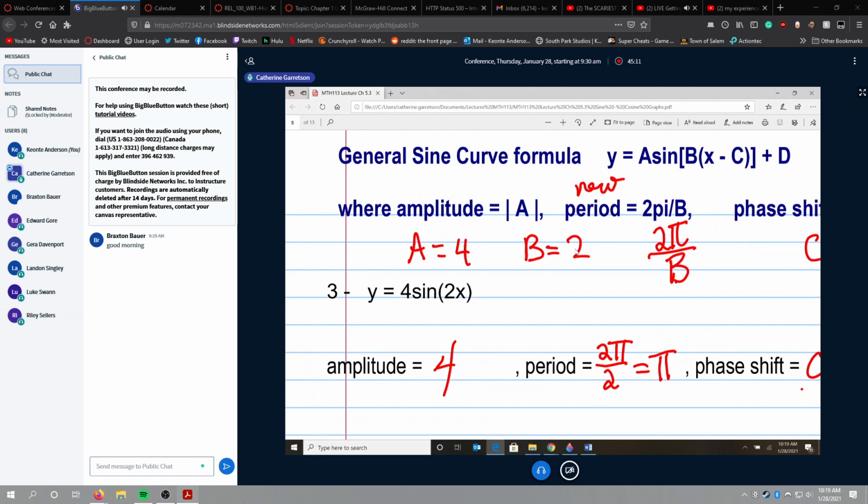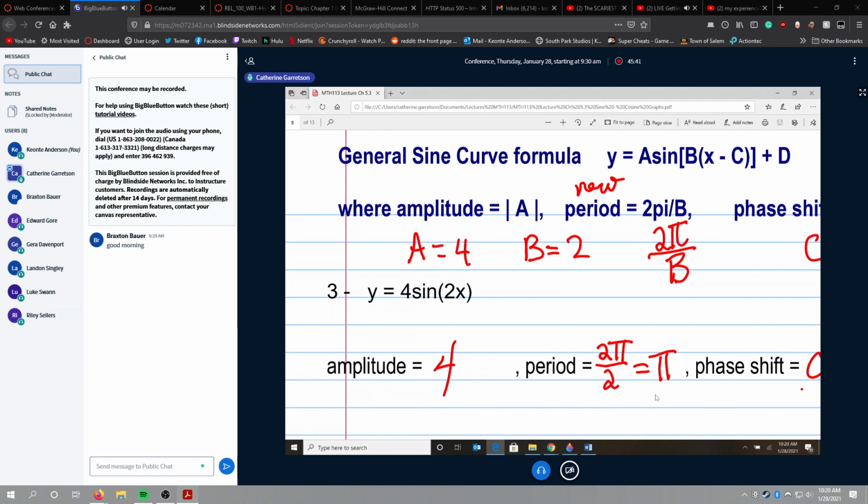We have a little formula that says, what is my new period going to be? My base period is 2 pi. So if I have a coefficient to the x, I put that in the denominator, and I say 2 pi over 2. And that's going to tell me what the new period is of this graph. 2 pi divided by 2, the 2's cancel out, and I get the period is pi.